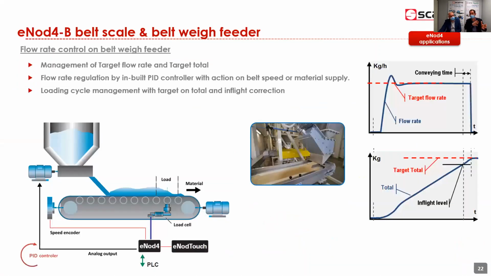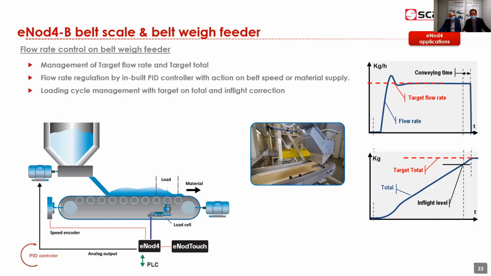So now the second functioning mode of eNod4B, which is the beltway feeder mode, in which we will control the flow rate of material. So this version integrates the same functionalities as the one we saw before, so the totalizer mode.